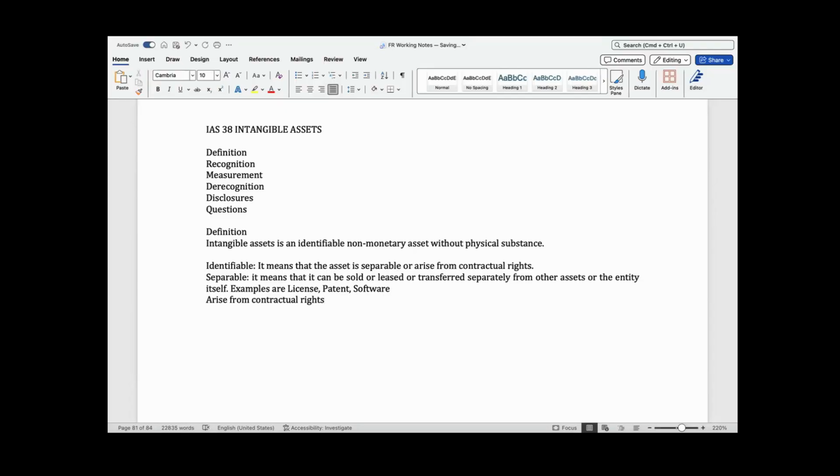So typically, this explains what it means. It is an asset that was birthed through a contract, and examples of such assets, basically, we have franchise. Okay, and when we say franchise, we're talking about a right that you have to use another company's name.